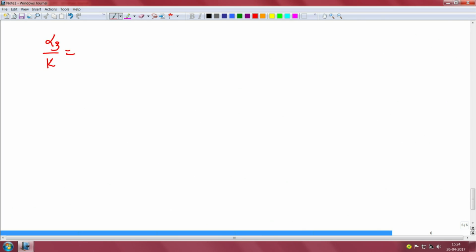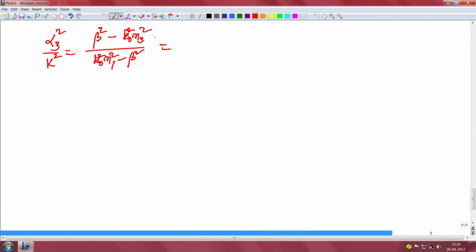We can now quickly write by the definition of alpha 3, beta square minus k0 square n3 square divided by k0 square n1 square minus beta square. So, once again like what we did earlier, we can manipulate this and get alpha 3 square by k square in terms of small b.